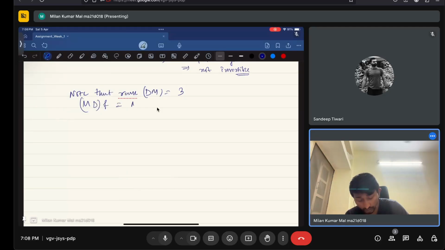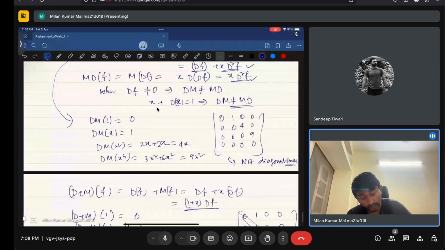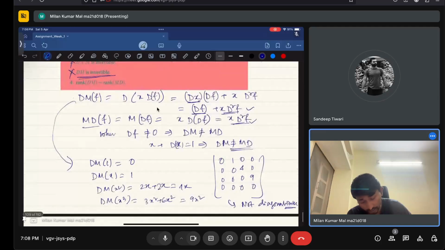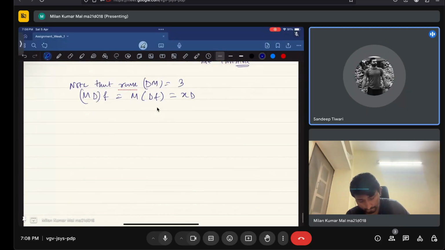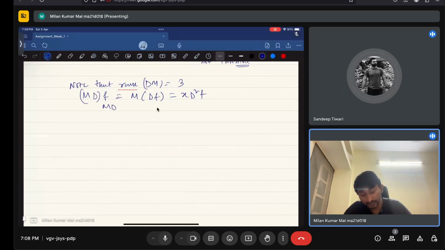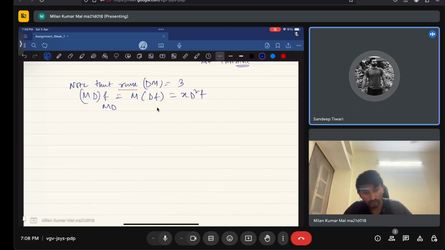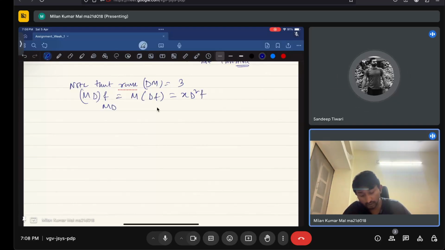That is m of df, which we already wrote: md of f is x of d square f. MD of 1 was 0, so the kernel is non-zero. But here it is not asked about invertibility. Here it is asked whether the rank of dm equals that of md or not, whether both ranks are equal or not.